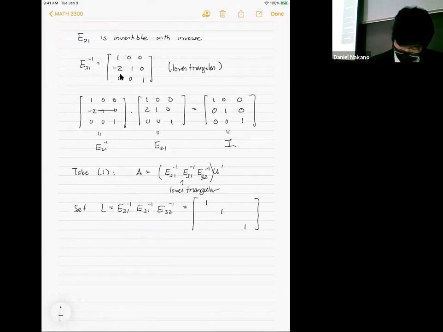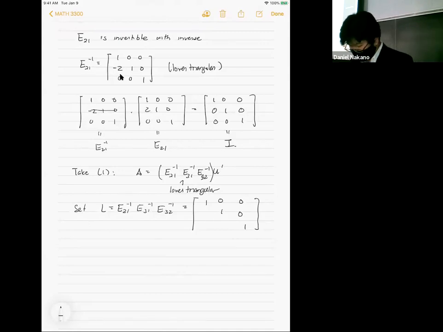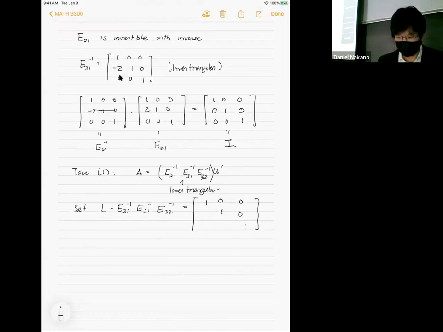So what you do is you just take the multipliers that you had. Sorry, the multipliers were -2 in E21, and 1 in E31, and 3 in E32, okay? So what you do is you take the negatives of the multipliers, and then you put them in the appropriate position.